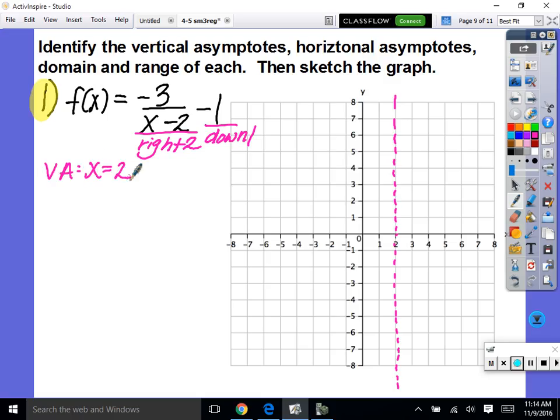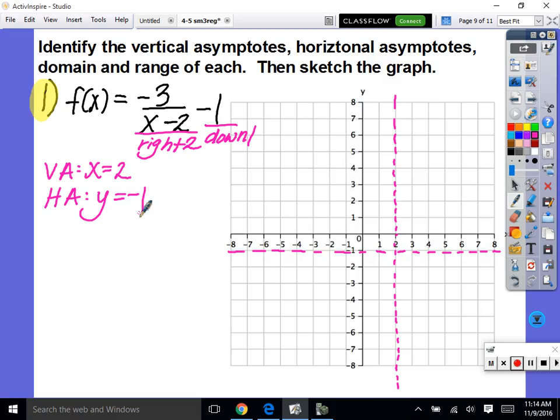We know that is true because if we plug in 2 minus 2, that'd be 0, and we can't have the bottom equal 0. So our asymptote prevents it from ever crossing that. Now down 1, so our horizontal asymptote is y equals negative 1.